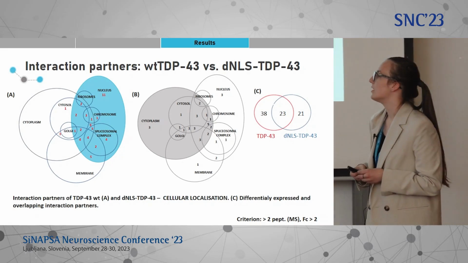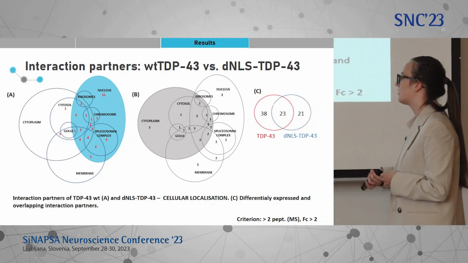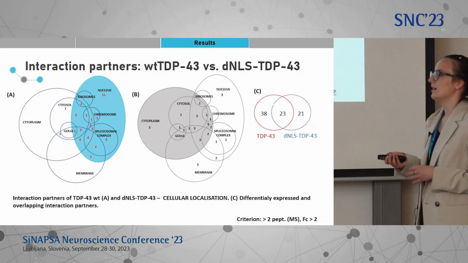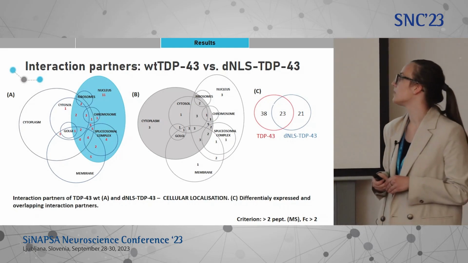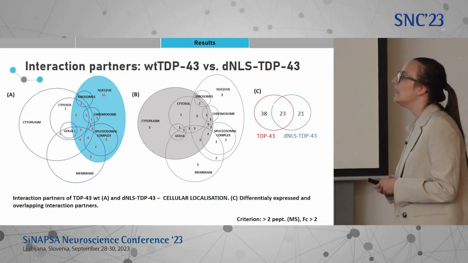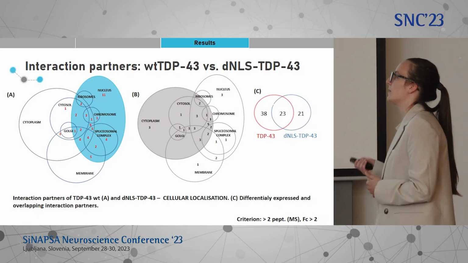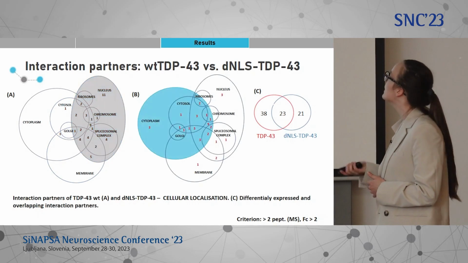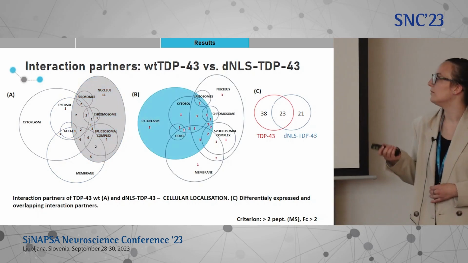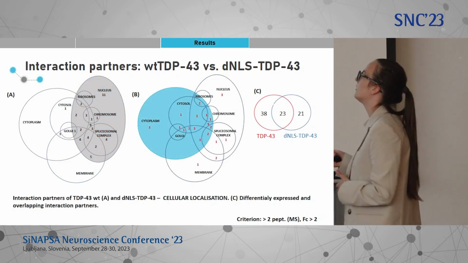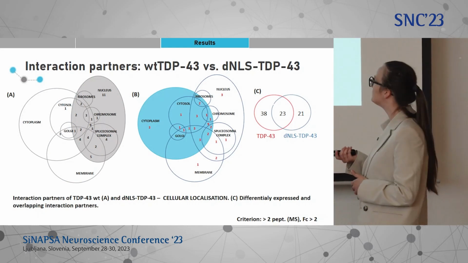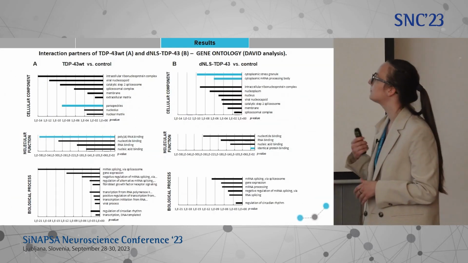We first examined the cellular localization of these proteins, and we observed what we already expected: interaction partners of wild-type TDP-43 were part of nuclear complexes, and in the case of delta NLS TDP-43, these proteins were part of cytoplasmic complexes.